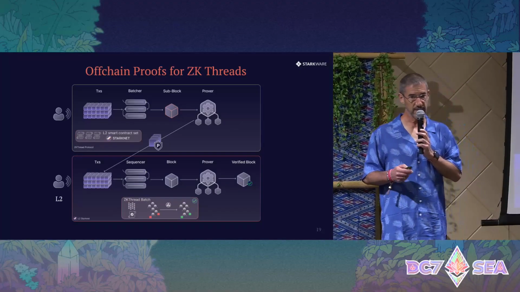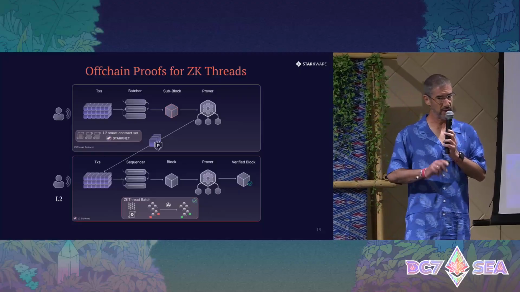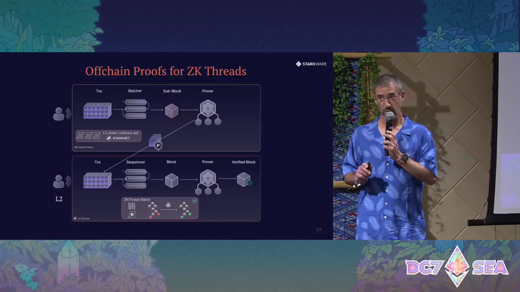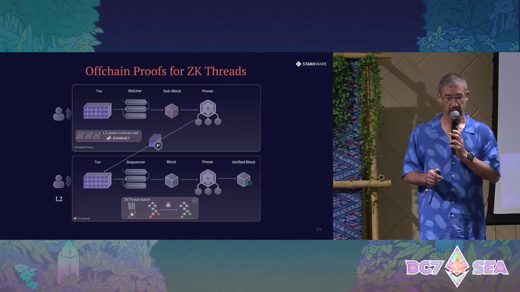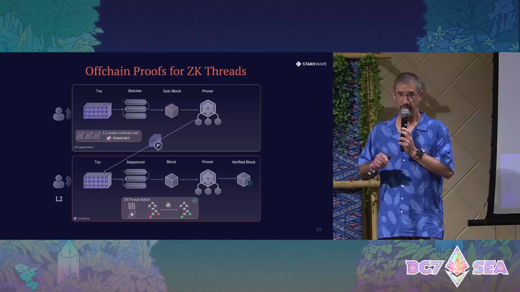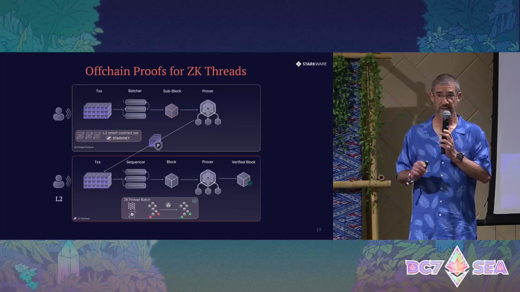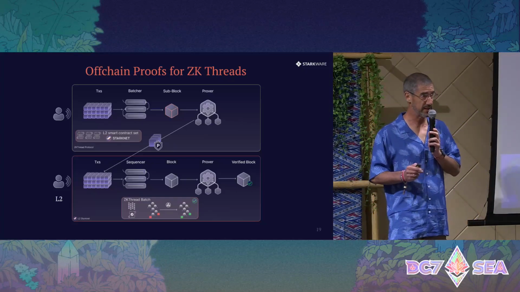An underlying sequencer, which is the validity rollup sequencer, can verify these proofs, completely remaining on the rollup. These proofs don't need to be sent to Ethereum. And by verifying these proofs, this rollup sequencer can accept the state diffs coming from these various shards, or what we call ZK threads.